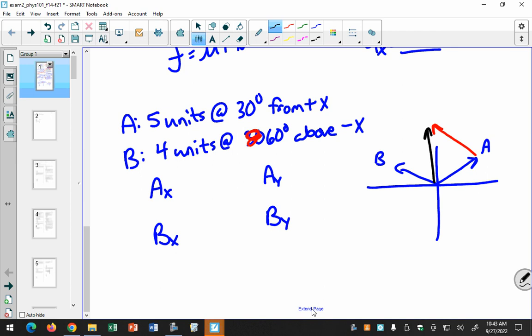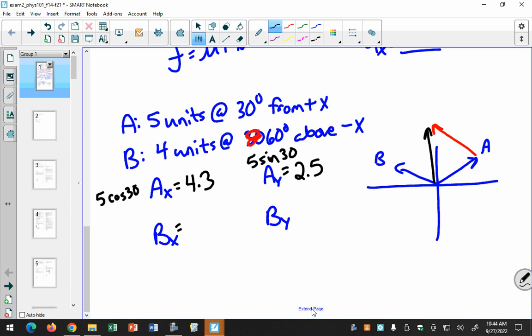So this is going to be 5 cosine 30, which is 4.3. This is going to be 5 sine 30, which is 2.5. All right, so I did 5 cosine 30 here and 5 sine 30 here to find the x and y components.